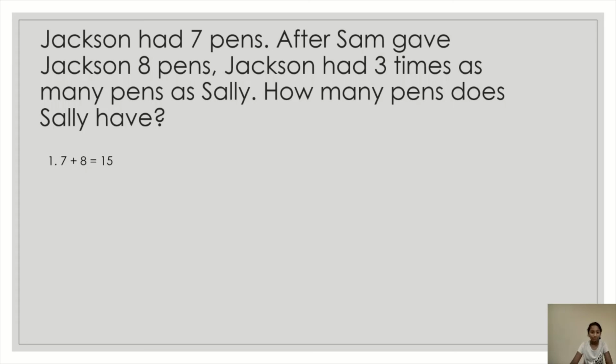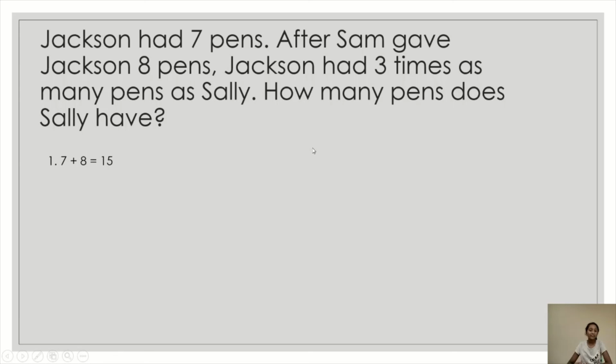Okay. And now, so now Jackson has 15 pens after Sam gave Jackson 8 pens. So now Jackson has 15 and he has 3 times as many pens as Sally. And you're trying to find out how many pens Sally has.